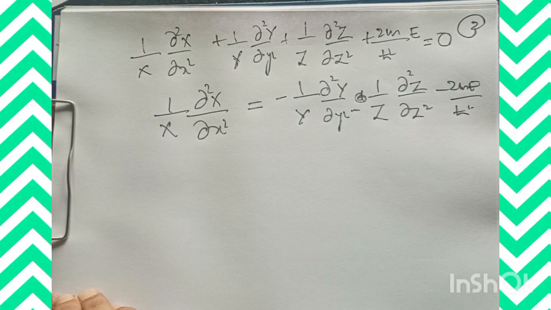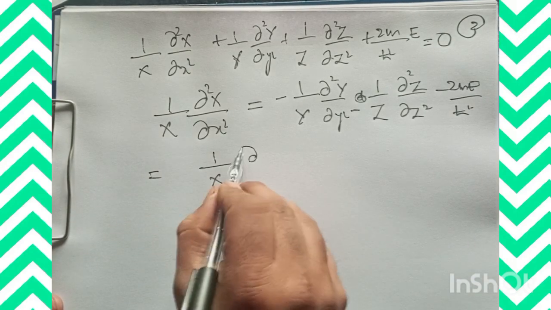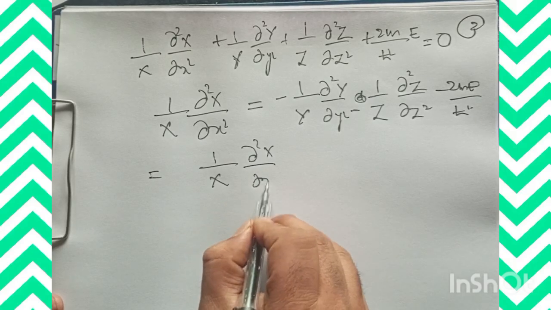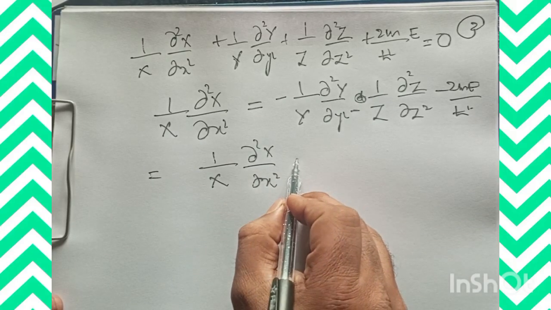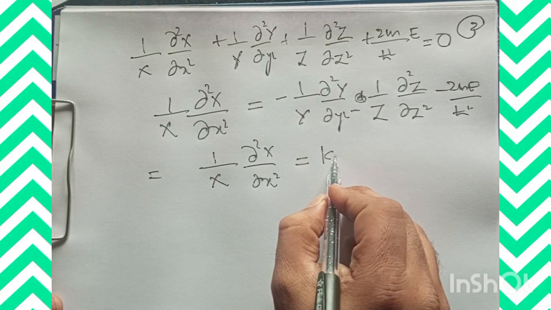This is the situation, and in a similar fashion, this 1 by X dou 2X by dou x2 will be subjected to some constant, say kx.